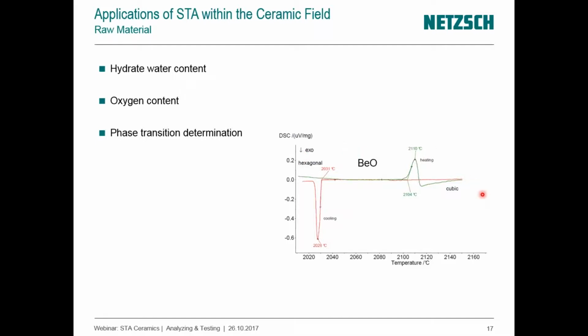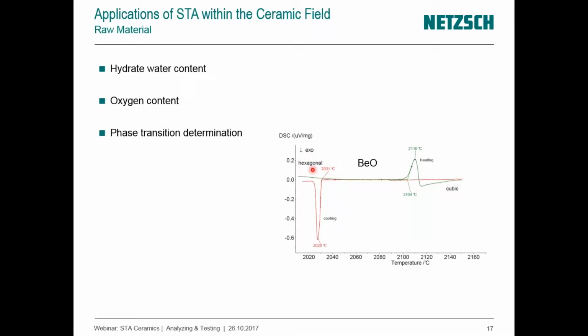The next one is phase transition in general. So as I mentioned, we can analyze phase transitions like melting, but also structural phase transition. Here, an example with beryllium oxide, which is a little bit special. But what I want to show here is that we can even analyze these kinds of phase transition determination testing at higher temperatures.